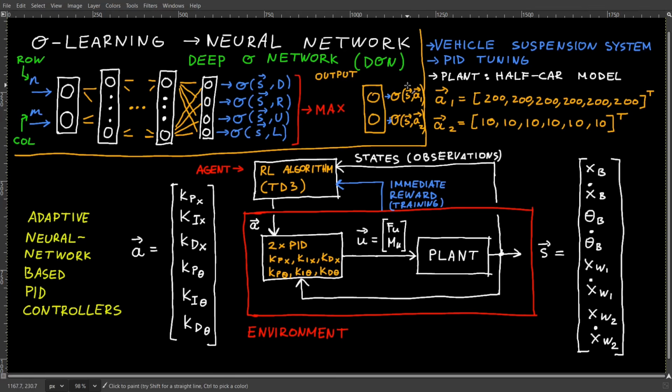And then you would evaluate these 2 Q values, see which one is bigger, and choose the action accordingly. So let's say that the first Q is bigger, which means that you will choose this action vector, and that's the one that will go into the environment, into the PID controller box.